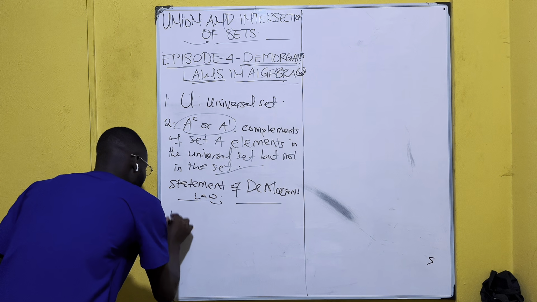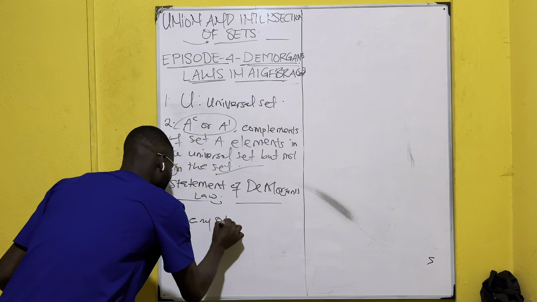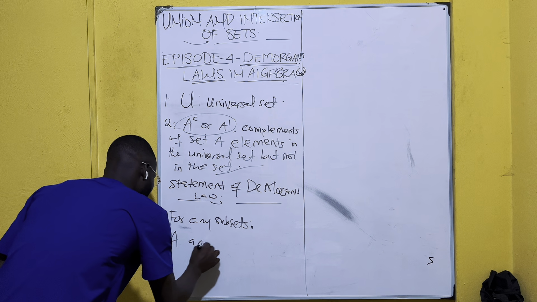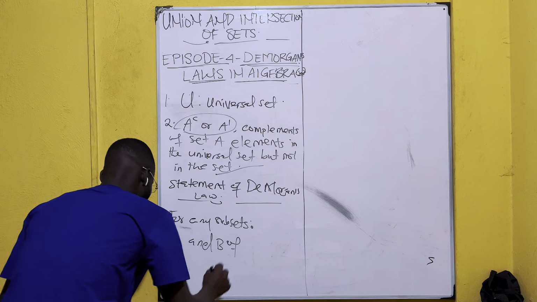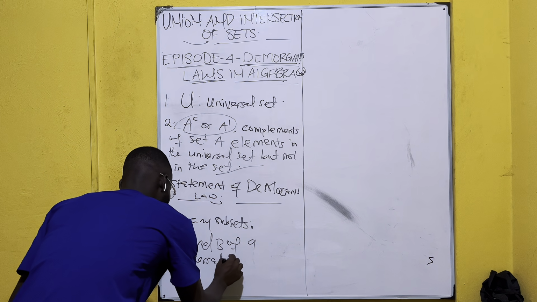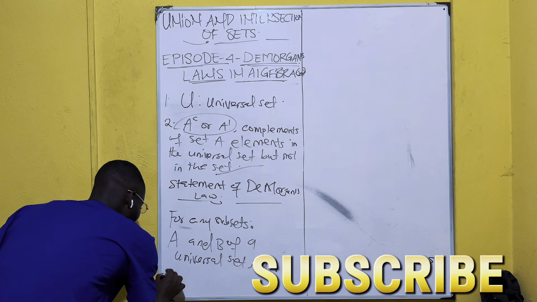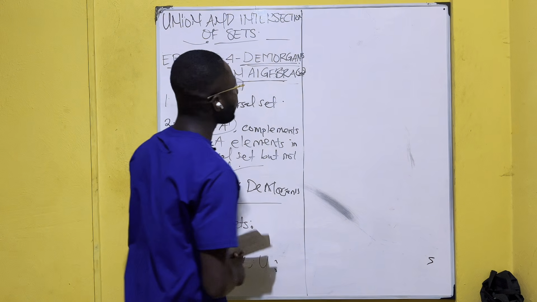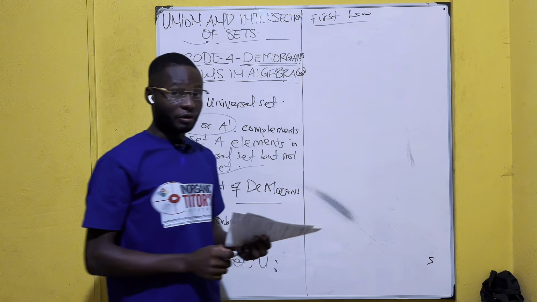For any subsets, let's say A and B, of a universal set U, we can say that we are going to begin with the first law.